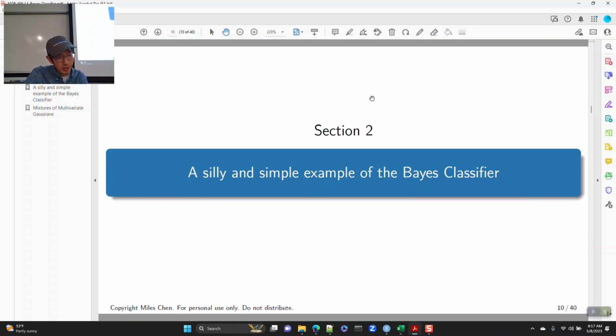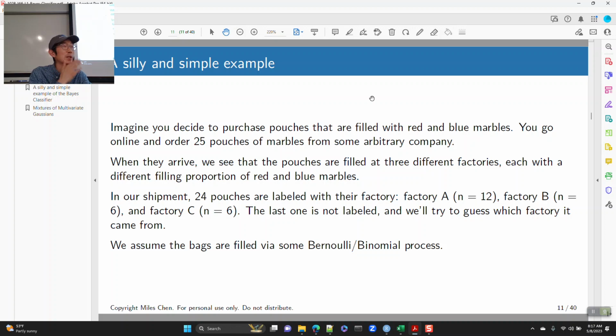We're going to try out this silly example of the Bayes classifier. Hopefully it makes sense. So you go shopping online and you can buy whatever you want, and you decide to buy some marbles. You buy these pouches, and the pouches come with red marbles and blue marbles. You decide to buy 25 of these bags of marbles.